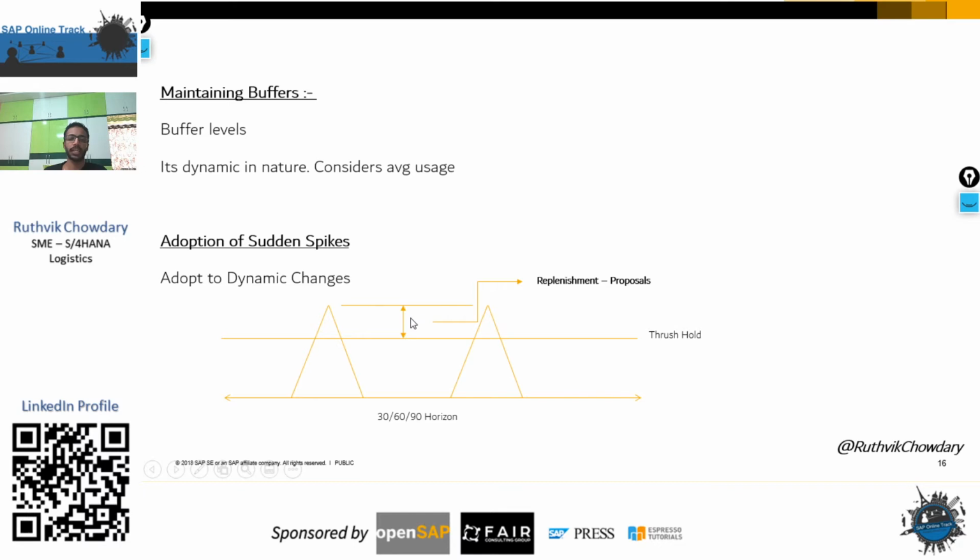So 500 pieces have been added above the threshold. This will be observed, and for December and January it will give the replenishment proposals for the sudden spikes. Those are called sudden spikes. The system will absorb them and change by its own, but a little bit of manual intervention is required.